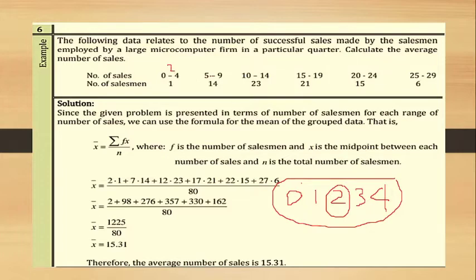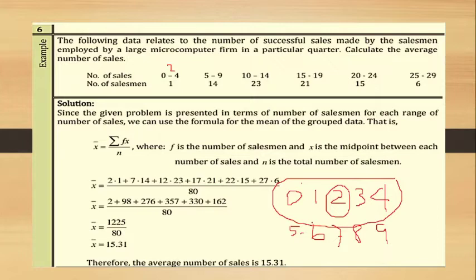For 5 to 9, what is the midpoint? We have 5, 6, 7, 8, 9.